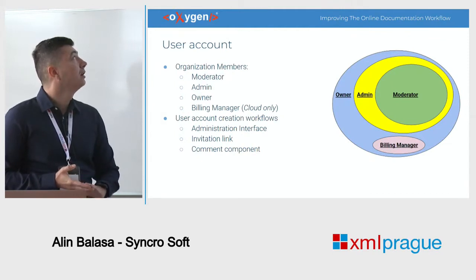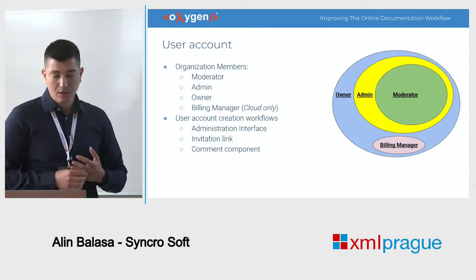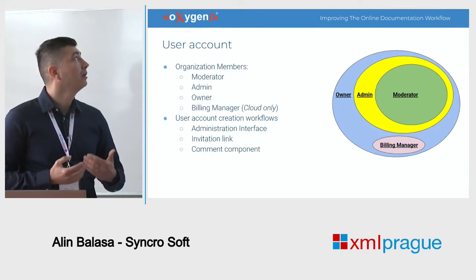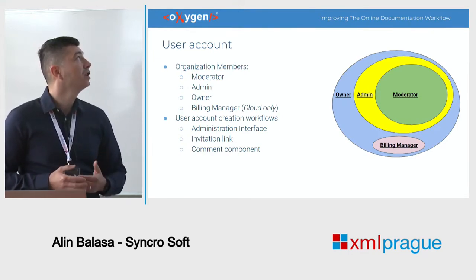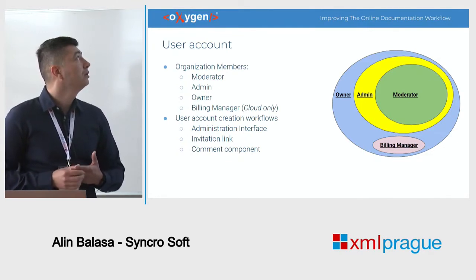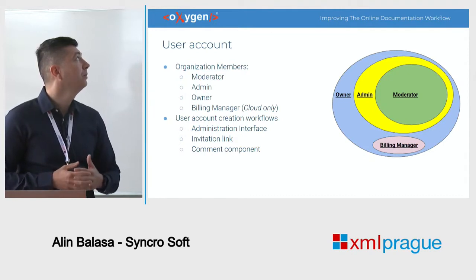The roles that a user can have are the following. The moderator can moderate comments: can approve, reject, edit, or delete comments. In addition to this, an admin can create site configurations and can delete or manage them.